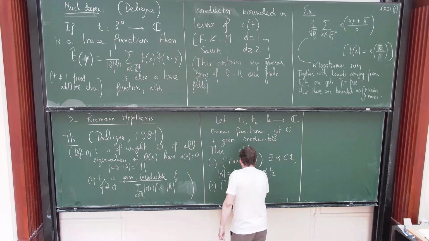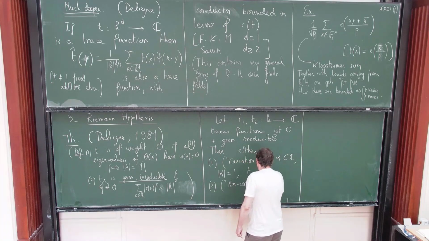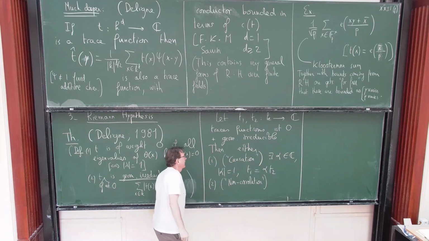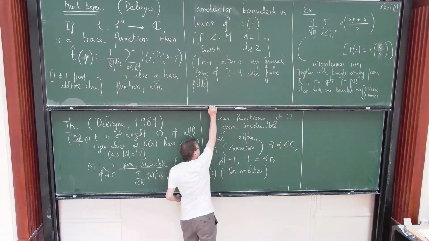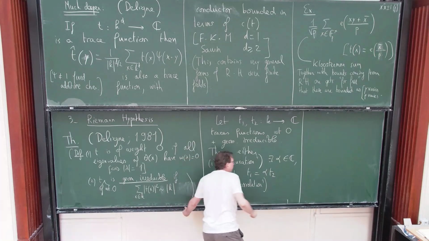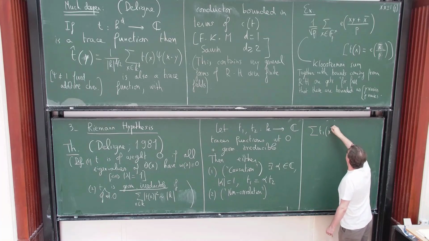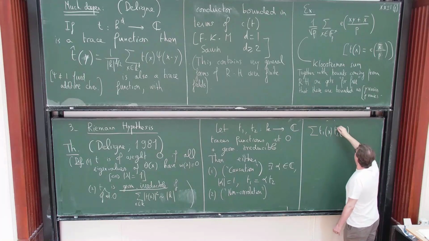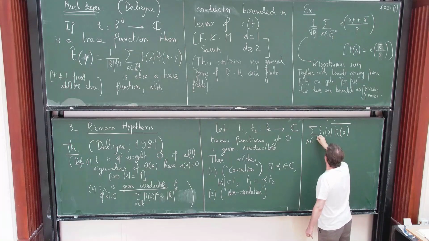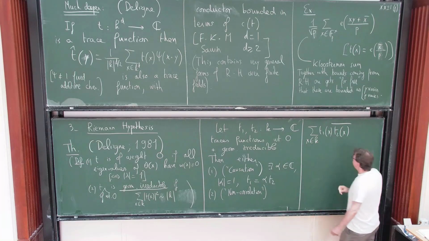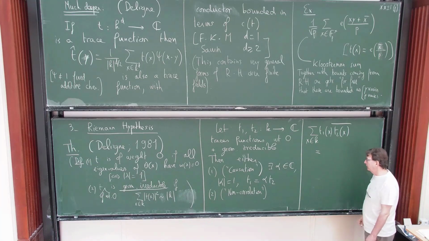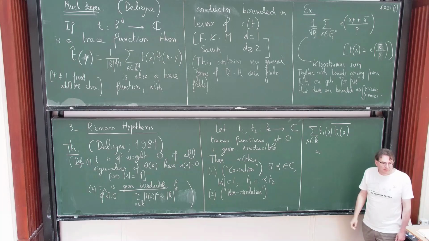And if that's not the case, there is no correlation. Meaning that if you look at the sum of T1 of x, T2 of x conjugate, so we try to understand the correlation of the two trace functions. Now, we all know that correlation is not the same as causation.